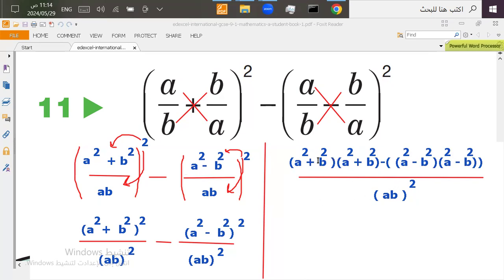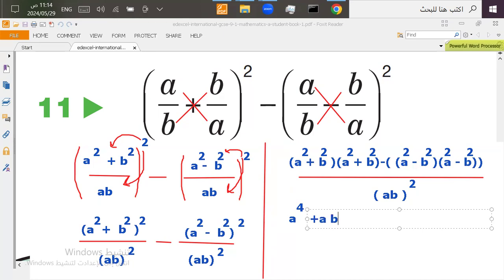We can expand these double brackets inside of each other. And then after expanding, we will try to simplify to get to the right answer. So here, let's expand this first. So a squared times a squared is going to be a power of 4, yes, like this. And then a squared times b squared is going to be plus a squared b squared.